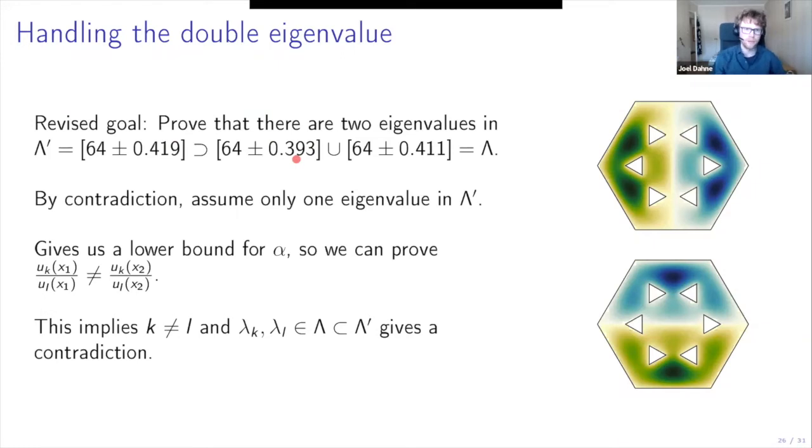So we get the lower bound for alpha for both of these cases. That's why we need this to be slightly larger. Then we can prove that this doesn't hold, so that they are not linearly dependent, which means that they must correspond to different eigenvalues. So this means that k cannot be equal to l, which gives us this contradiction.